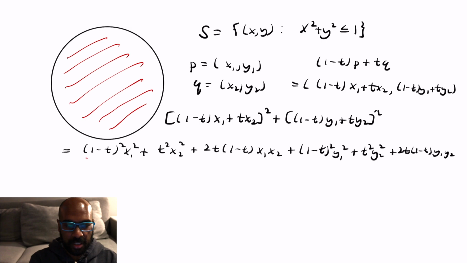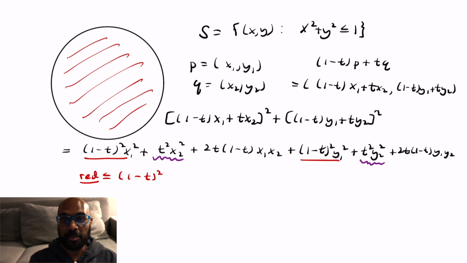Okay, so if we look at the underlying terms here, since x1 squared plus y1 squared is less than or equal to 1, because p is in our set, the straight underlined red stuff is going to be less than or equal to the quantity (1 minus t) all squared. Similarly, if we look at the purple squiggled parts, x2 squared plus y2 squared is less than or equal to 1.